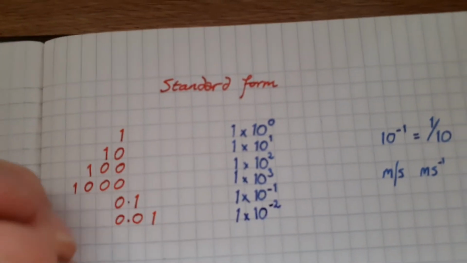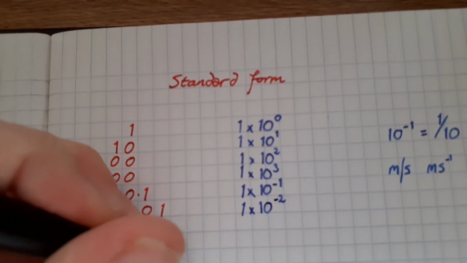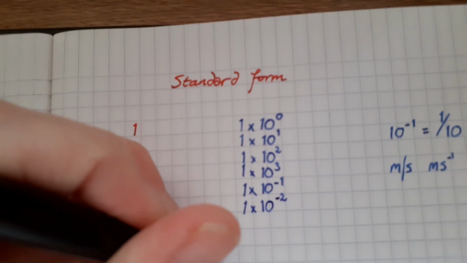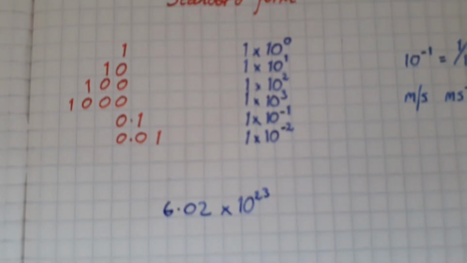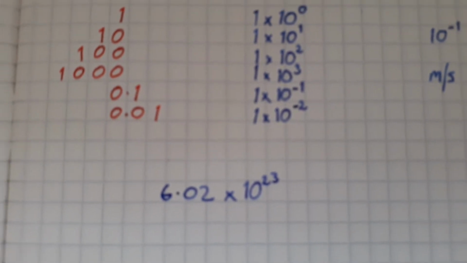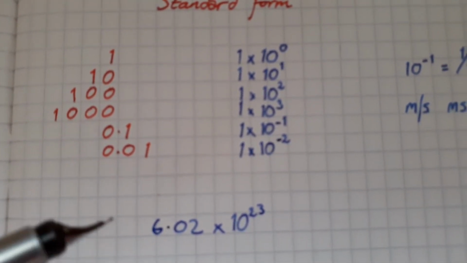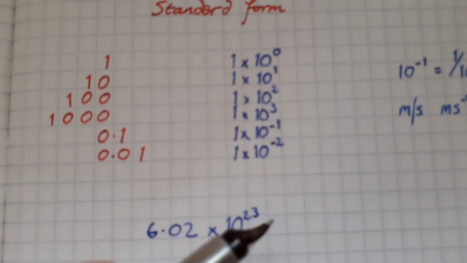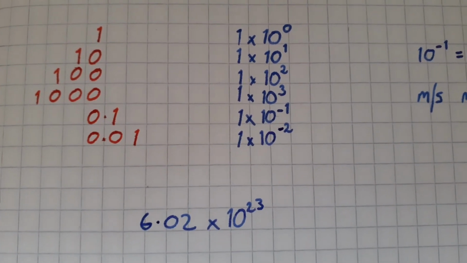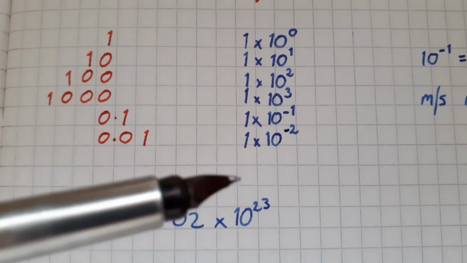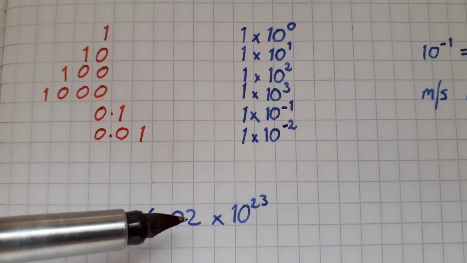Okay, so I said about Avogadro's constant, which is 6.02 times 10 to the 23. Okay, now this means that you've got a 6 with 23 zeros after it. Okay, that's all it means. 6 and 23 zeros, but we've got 6.02.